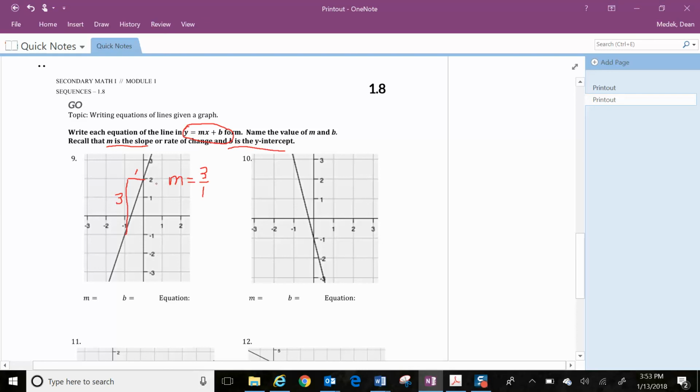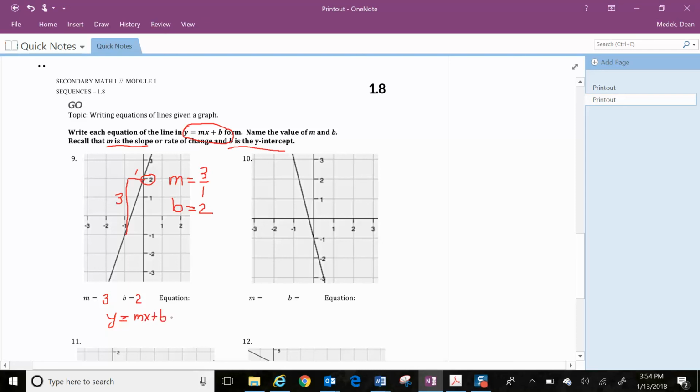Now the y-intercept is the spot where it crosses the y-axis, which in this case is 2. So we say b, which is the y-intercept, is equal to 2. So the m is 3 and b is 2. And so the equation, which is y equals m times x plus b.